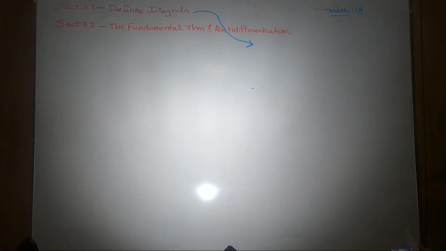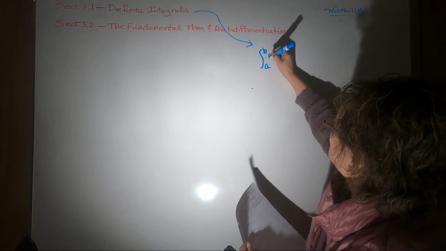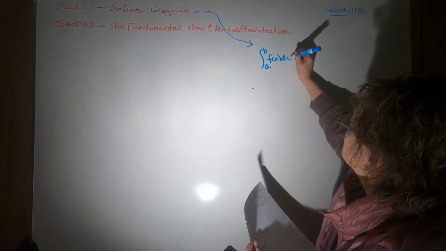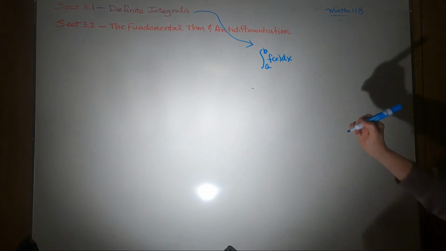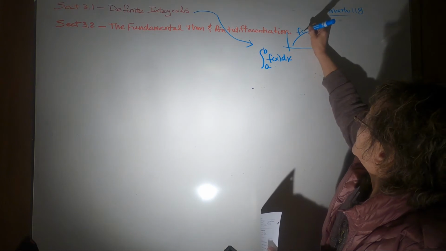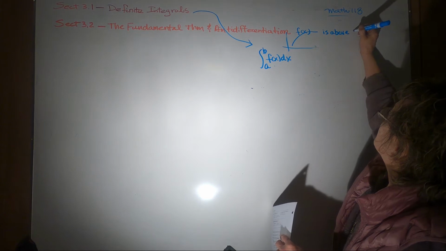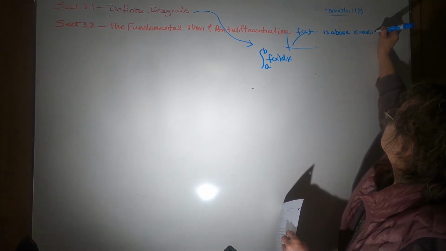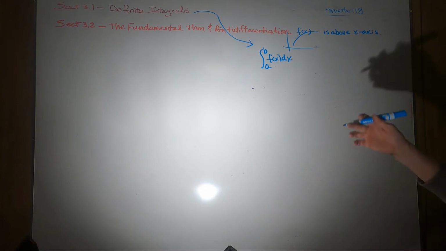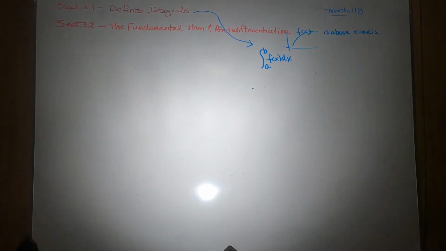What the definite integral is saying is, you are learning that the definite integral symbol is this. If your curve like this, that's your f of x, is above the x-axis, that means it has positive values for all the f of x.